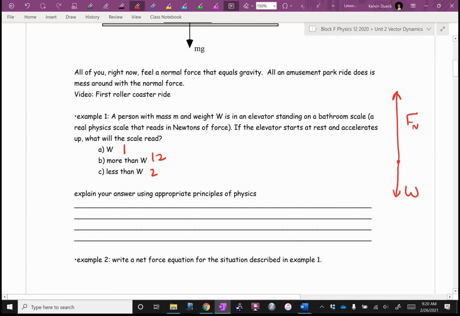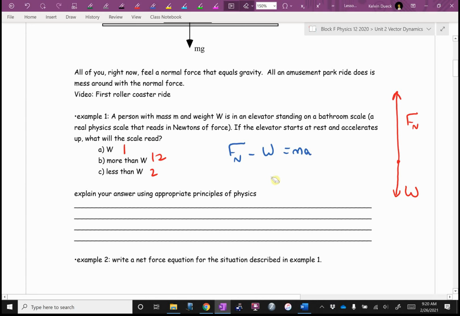As an equation, we would have this. Normal force minus, normally I write mg, but this question wants me to use weight, equals ma. Now, this is asking about the scale reading. What does a scale actually measure?